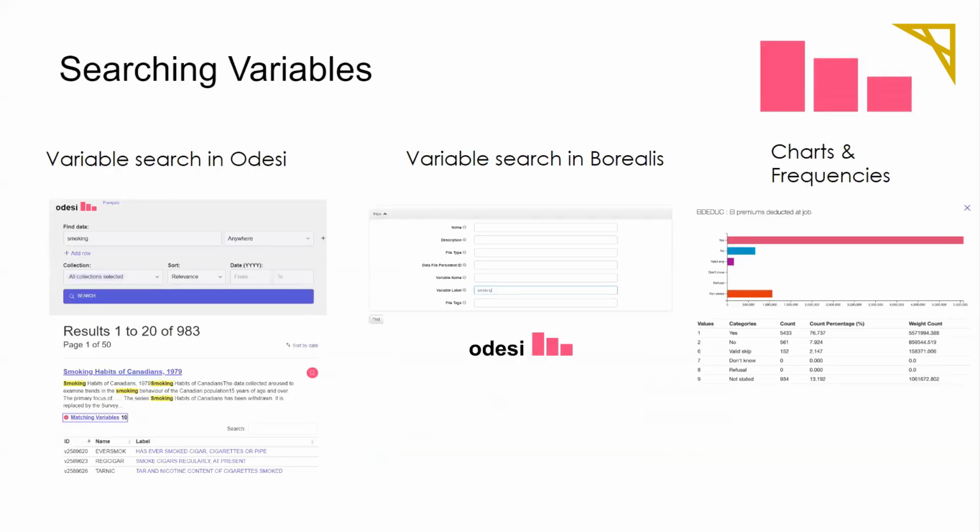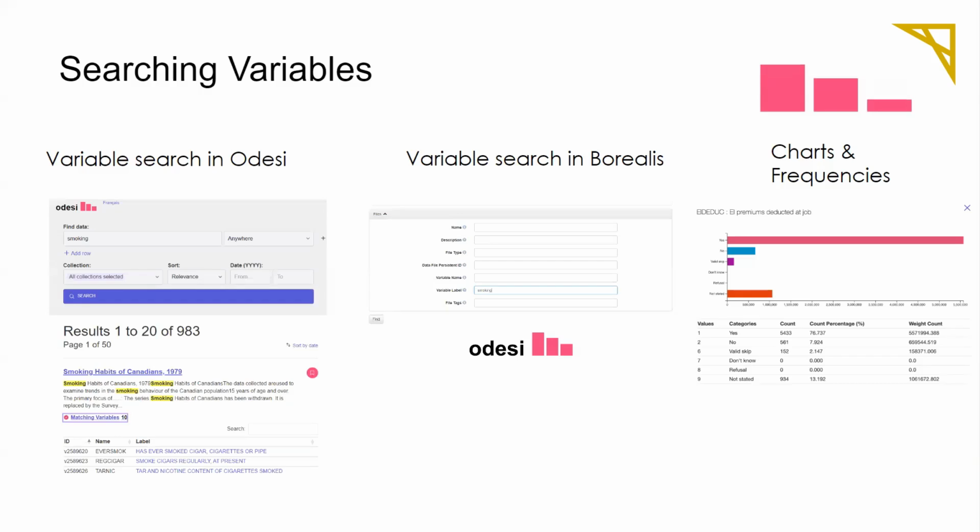I mentioned the search for variables. So this is really popular because the data contain a lot of broad questions and variables contained within those data sets. It's really important to be able to search within the data to find that data for reuse. So in this particular example, I've searched for smoking, and the results also present to me the matching variables that contain that term.